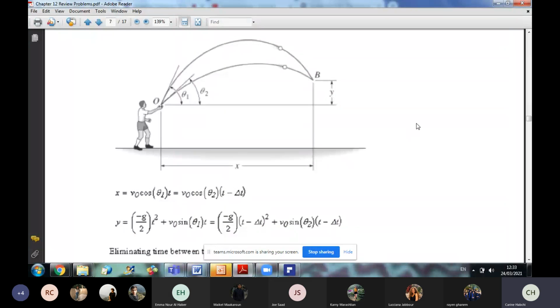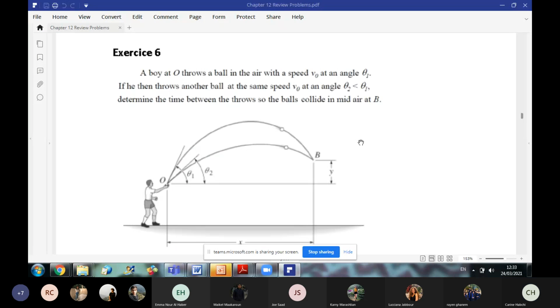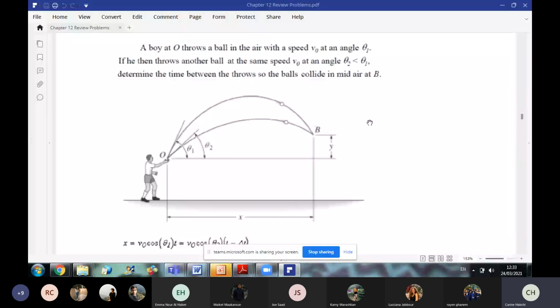Do you see the screen? Yes, doctor. Do you see the screen? Yes, doctor.